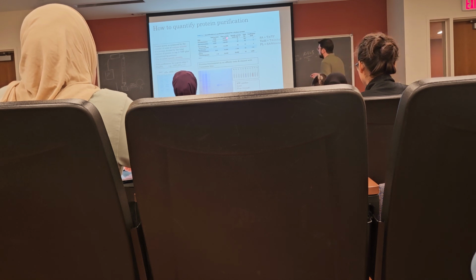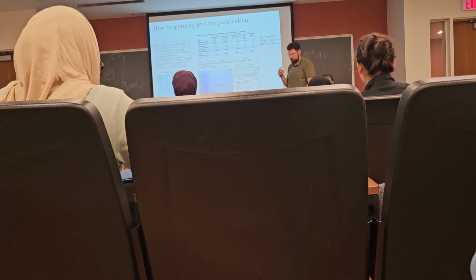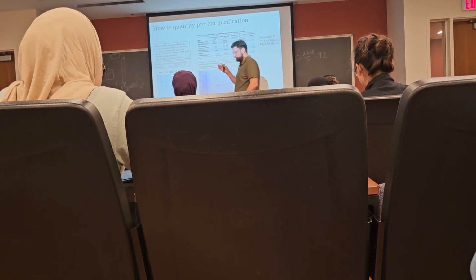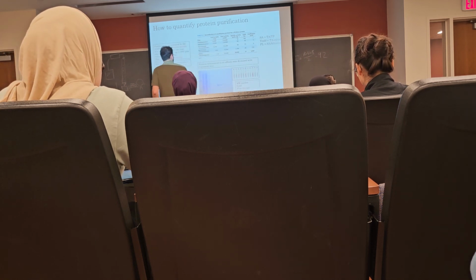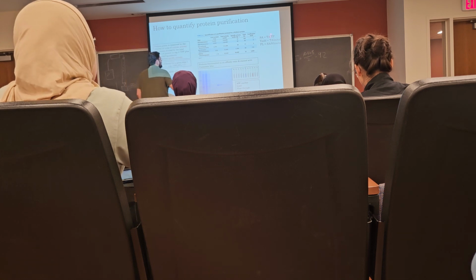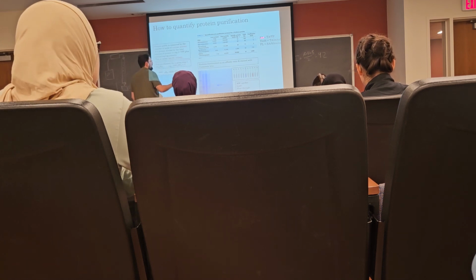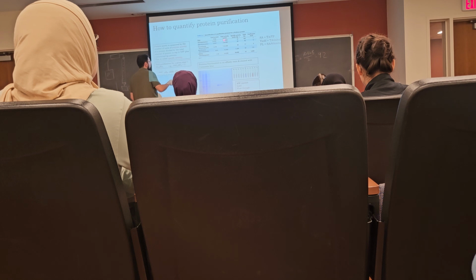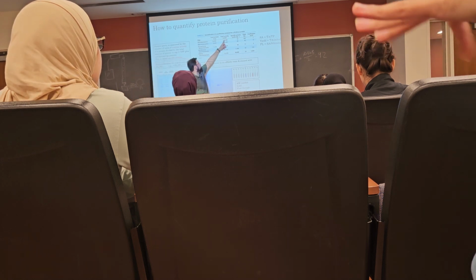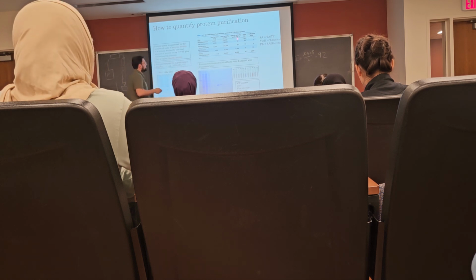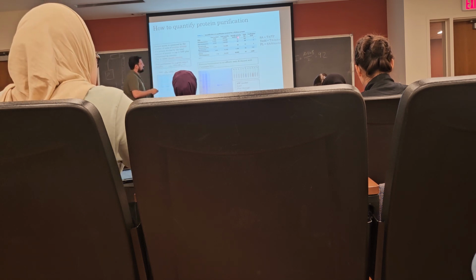So in our case, total activity in units, we have 150,000 units of activity given whatever assay that we dreamt up, right? Now, specific activity is equal to the total activity divided by total protein, right? So essentially what this is telling us is how much of our protein we have compared to how much protein in total, right? So in this case, let's just call it 10. So our specific activity is 10.